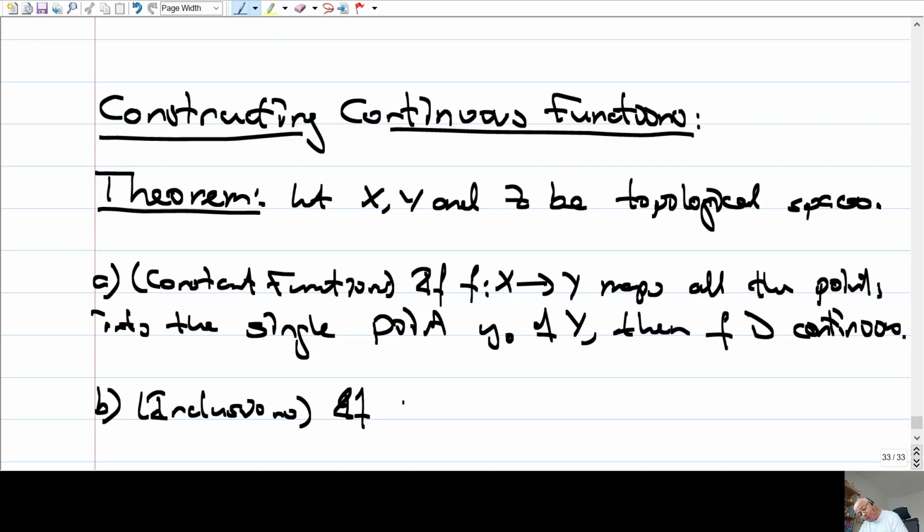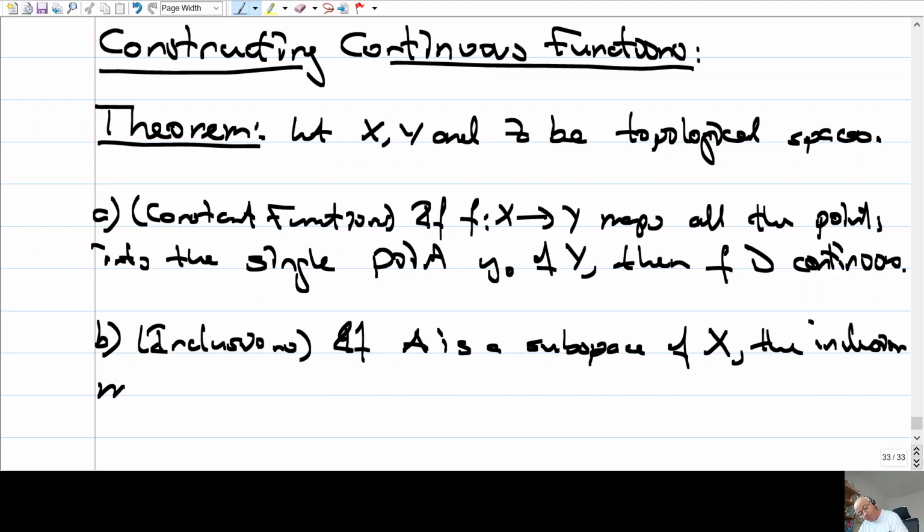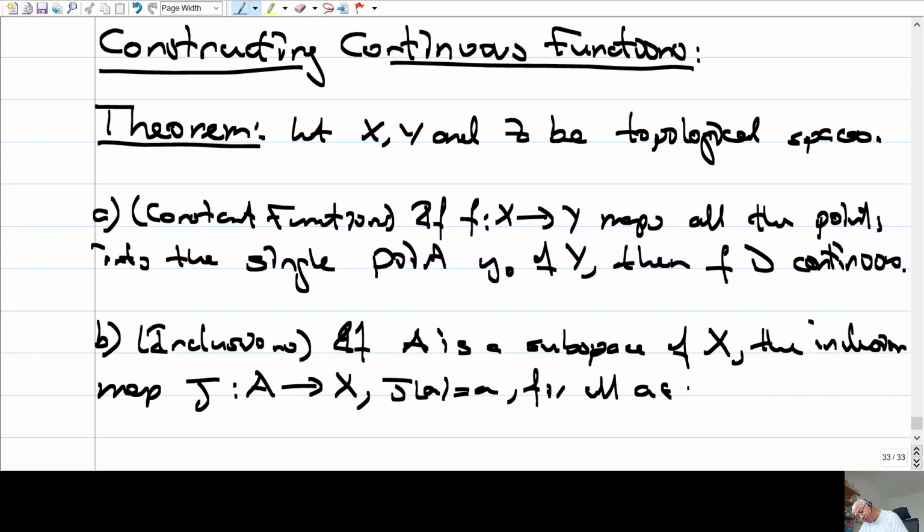Okay, if A is a subspace of X, the inclusion map, let's call it J from A to X, sending any a to itself, is continuous.